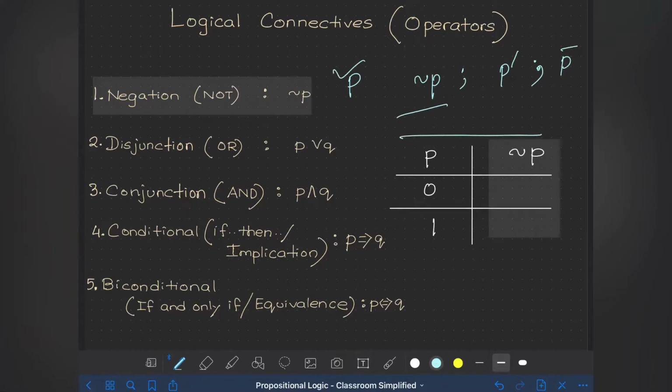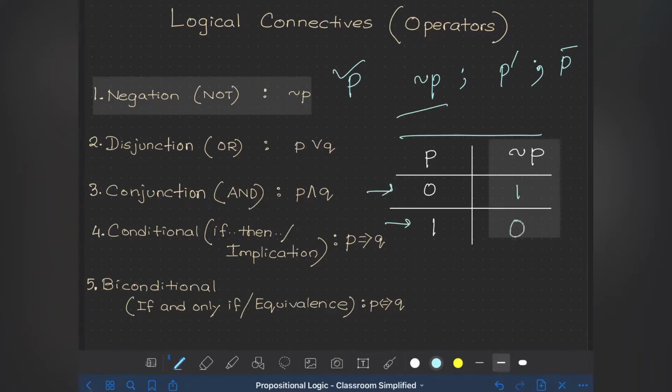So if we form the truth table, what is this truth table? A truth table basically brings a relation between the input and the output for that particular instance. Suppose at this moment the P value is 0, meaning it is false. Then it will give the negation of that P value, that is 1. Similarly, if I take as input 1, that is true, then it will give 0.